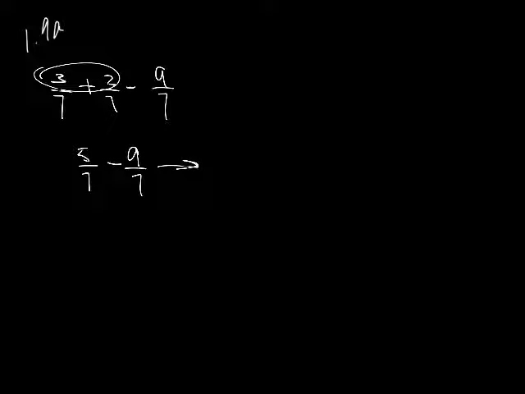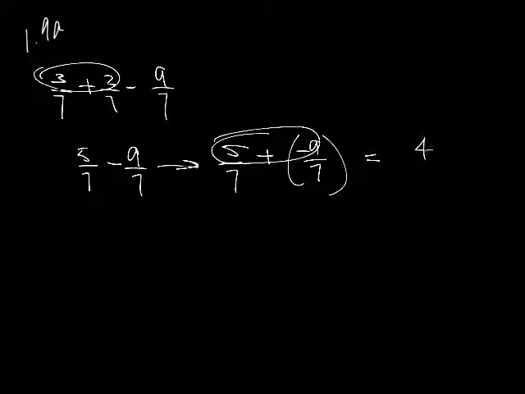And again, I like to do 5 over 7 plus negative 9 over 7. Take the difference between those, sign of the largest, and put the 7 on there. The denominator, once it becomes the same, it never, ever in the whole history of the universe changes when you do your addition and subtraction.